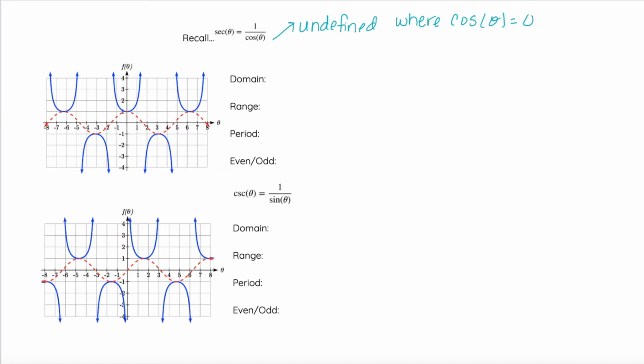Looking at our unit circle, we will have vertical asymptotes at pi over 2, where cosine is 0, and 3 pi over 2.